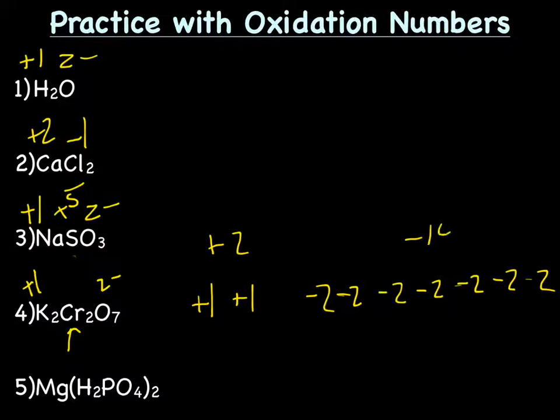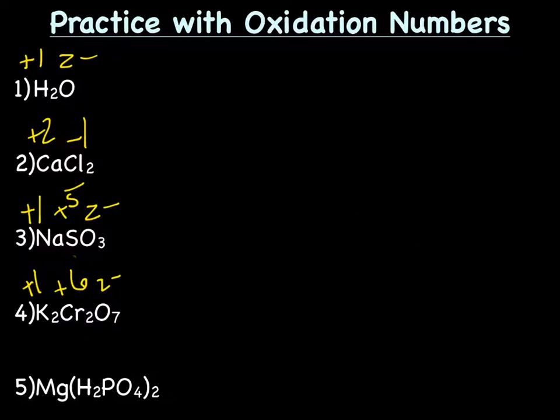We have 14 minuses. Well, to make this neutral or to make it 0, the chromium altogether needs to be what? Plus 12. However, there are 2 chromiums, so each chromium needs to be plus 6.